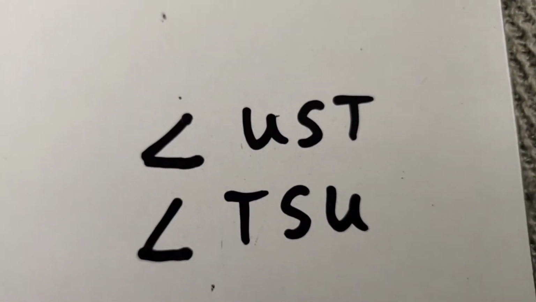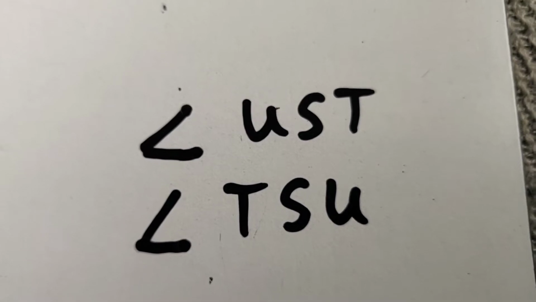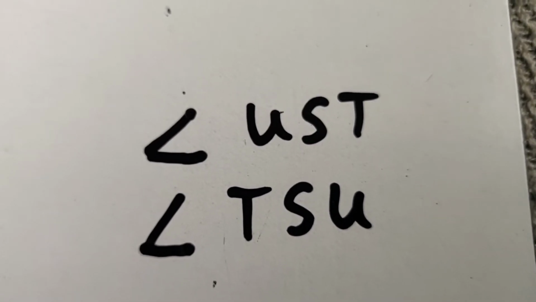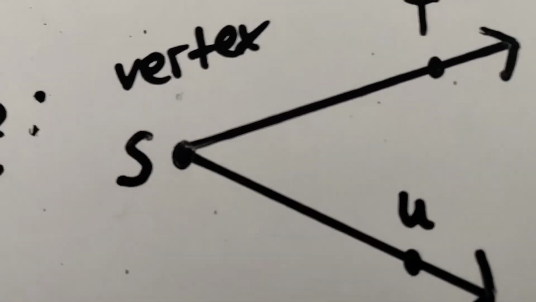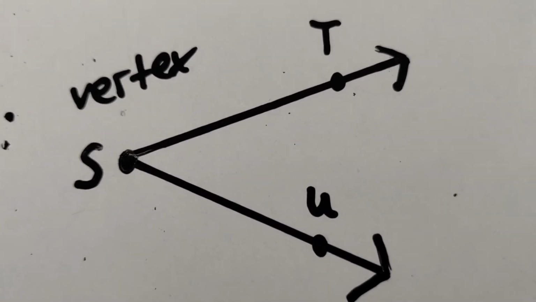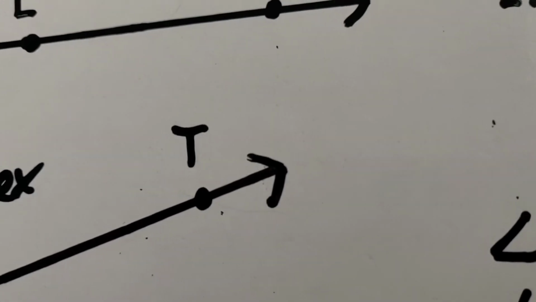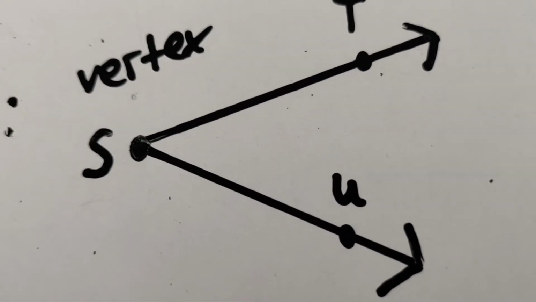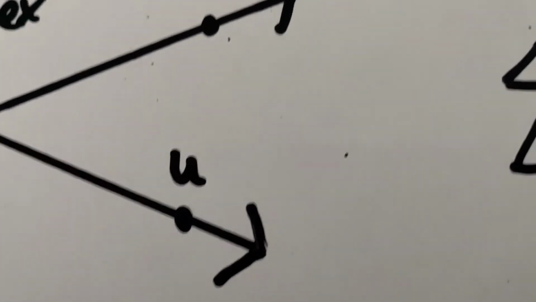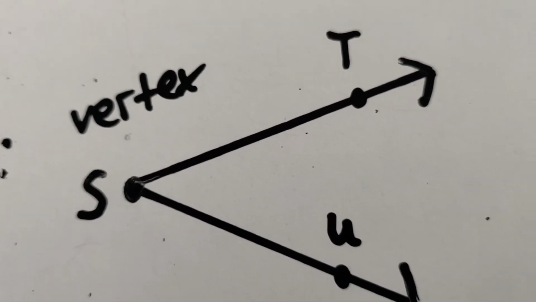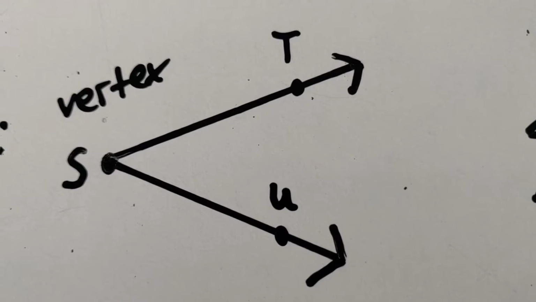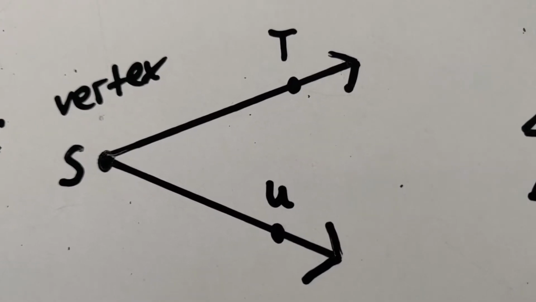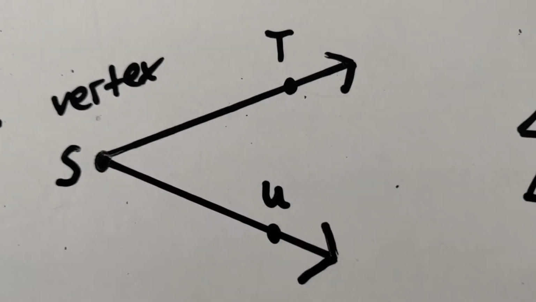And notice in both of those names, the vertex, point S, is in the middle. We could not call this angle TUS or UTS, because in those cases, we wouldn't have the vertex in the middle, and it needs to be in the middle when we name the angle.